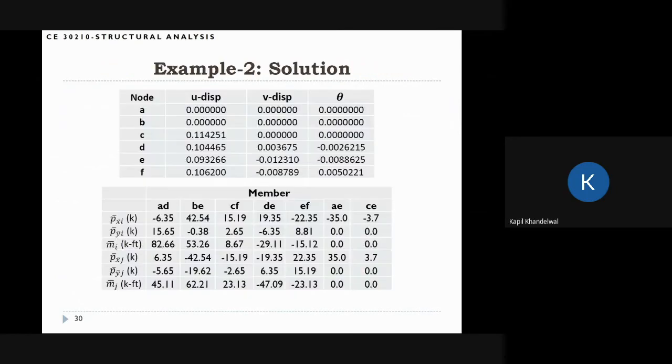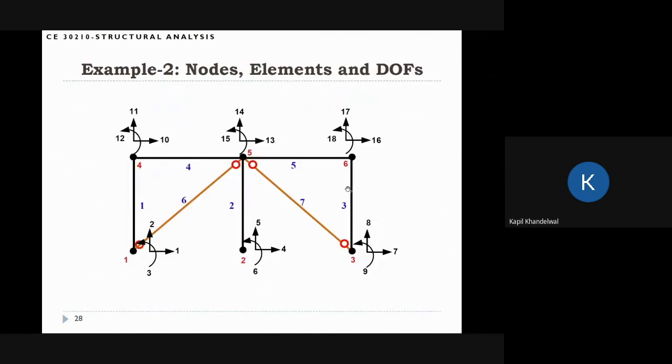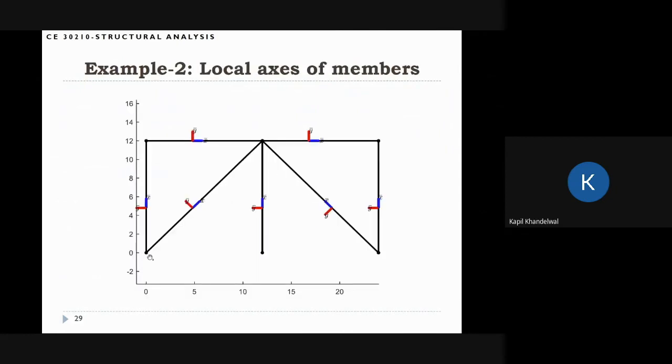And finally, these are the solutions. For bracing number 6, the I node was 3 and the J node was 5. So you can see that this is I, this is J. And for bracing number 7, the I node was 3, the J node was 5, so the x-axis was like this.